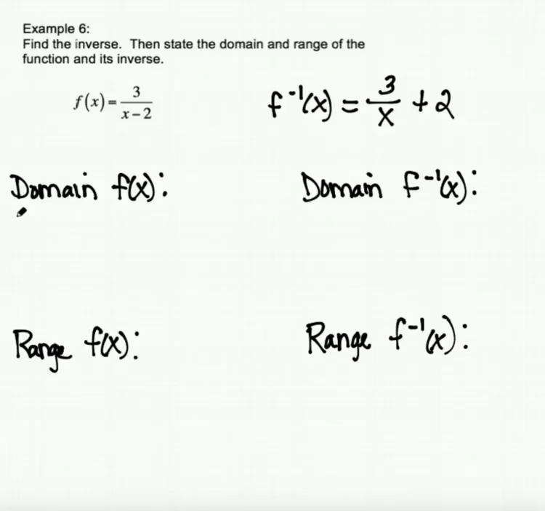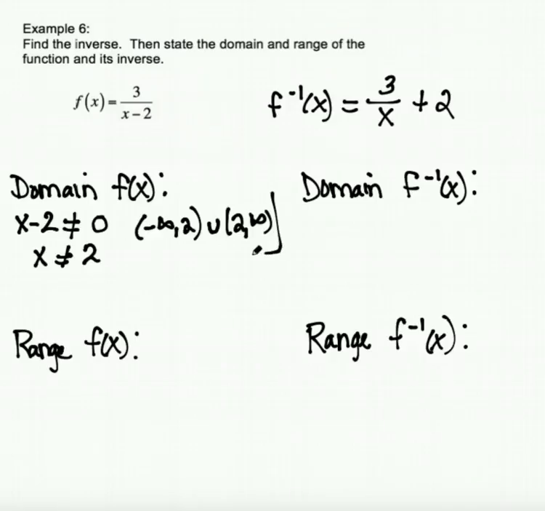I know that I take that denominator, x minus 2, and I set that not equal to 0. When I solve that, that tells me x cannot equal 2. So the domain of f of x, if I write that in interval notation, is going to be negative infinity to 2, union 2 to infinity. So that is my domain of f of x.